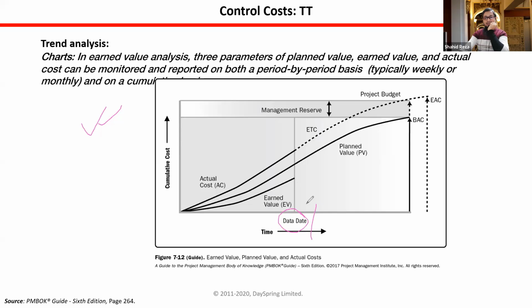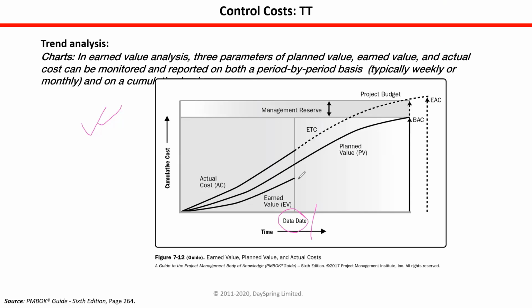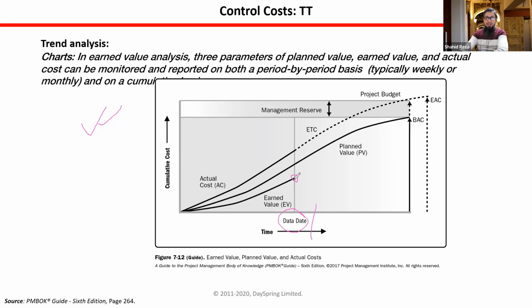Can you interpret, at this data date, what is the status of this project? Earned value is lesser than BAC, budgeted completion. Earned value is here, actual cost is here. That means cost is very high, right? Earned value is the lowest one, and this is the plan value.